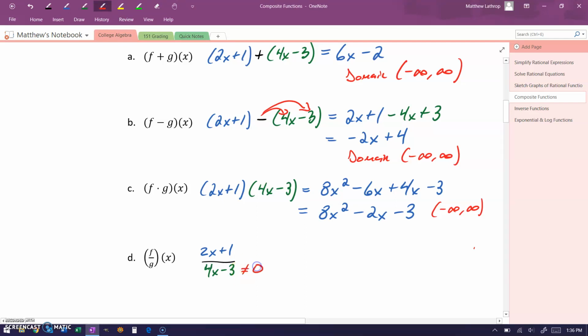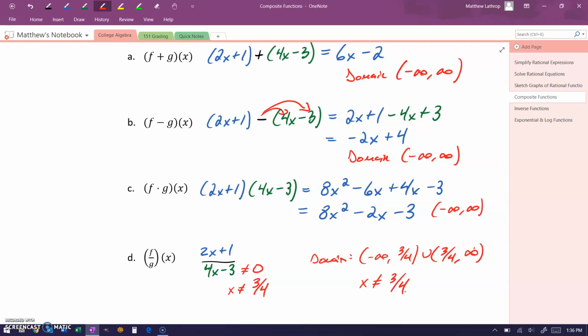We have to make sure that the denominator of this resulting expression can't be equal to 0, meaning x can't be equal to 3/4. So we could state that our domain would be negative infinity to 3/4 union 3/4 to infinity. Or we could simply state that we have a restricted value where x cannot equal 3/4.